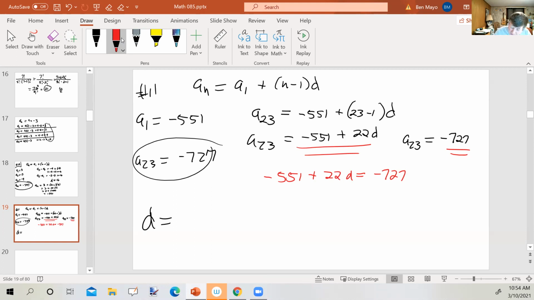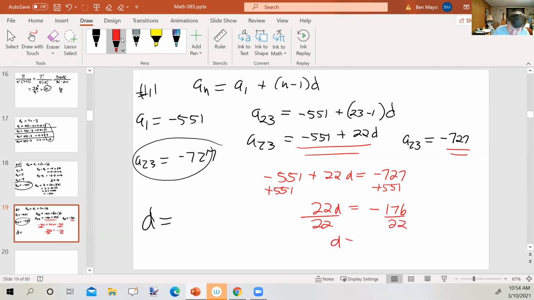Nope. All right. So to solve for d, I'm going to add 551 to both sides. 22d equals, let's see, if we take negative 727 plus 551, we get negative 176.